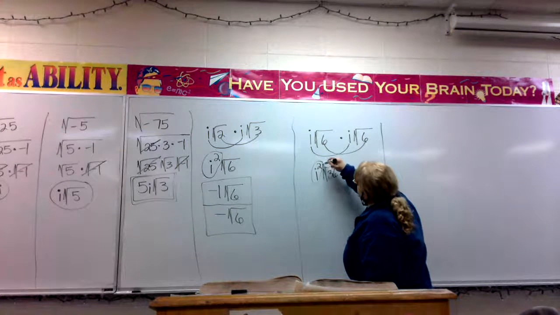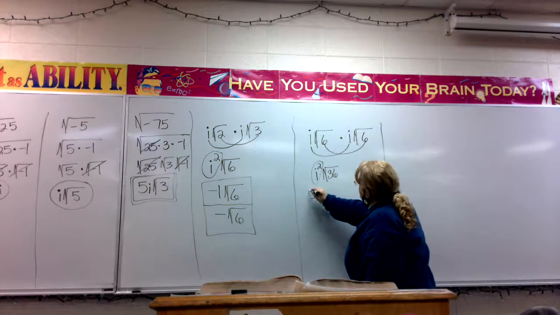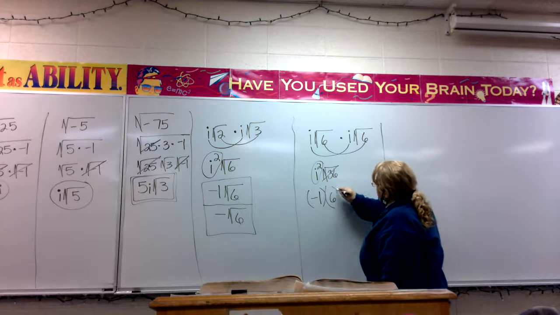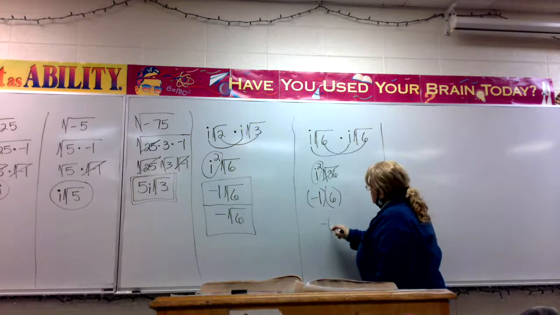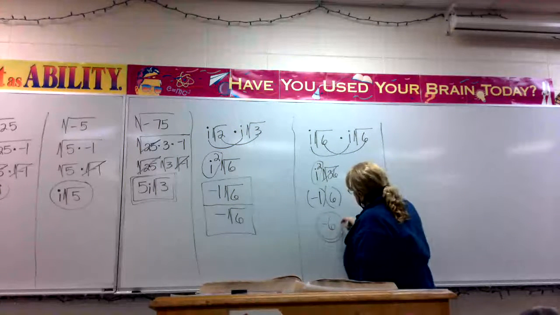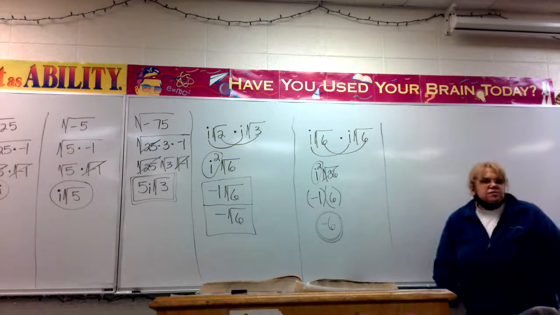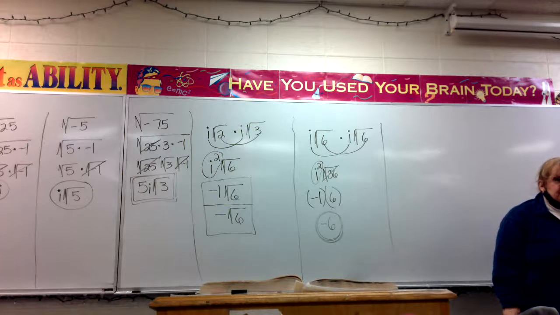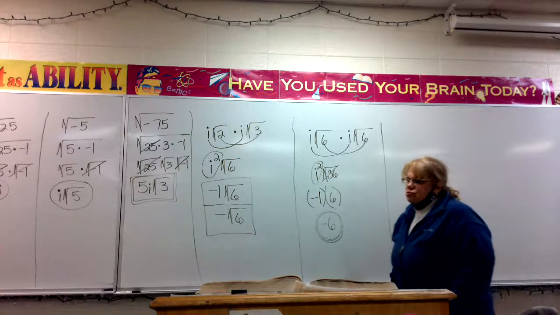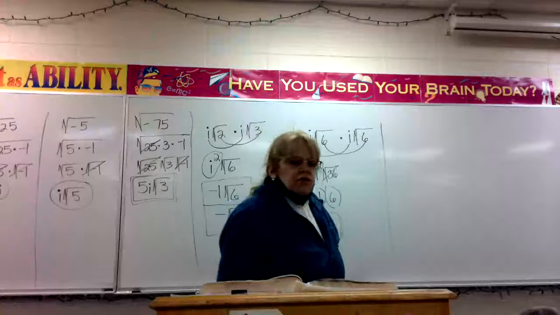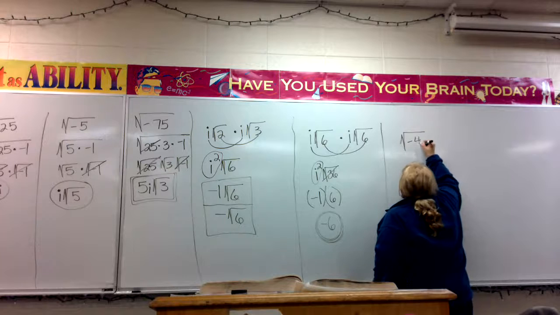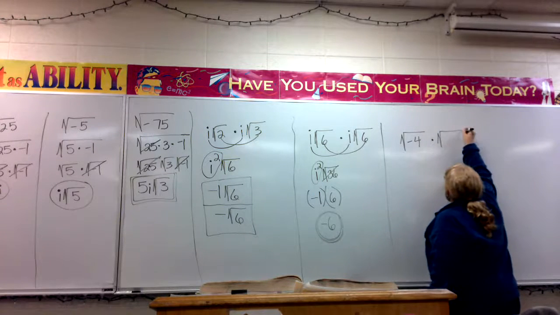What's I squared equal to? -1 times square root of 36 is, what is -1 times 6? -6, I think. Make sense? Questions so far? I have one more to show you. Maybe 2 more.